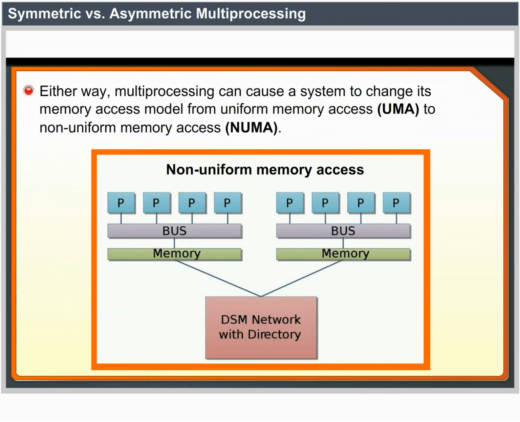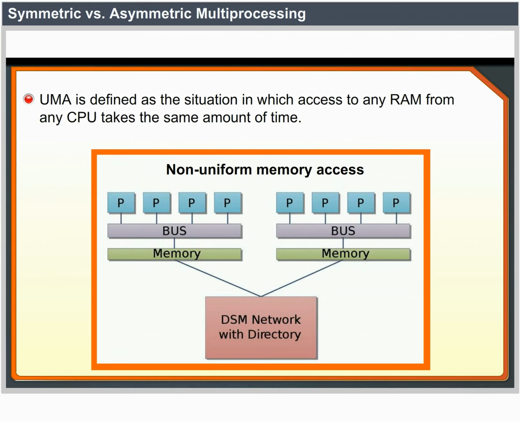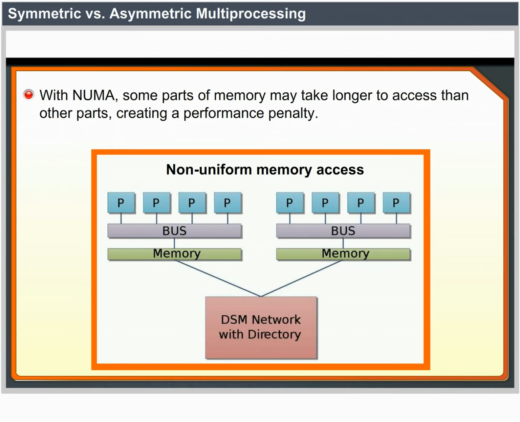UMA is defined as the situation in which access to any RAM from any CPU takes the same amount of time. With NUMA, some parts of memory may take longer to access than other parts, creating a performance penalty. Operating systems can minimize the NUMA penalty through resource management.